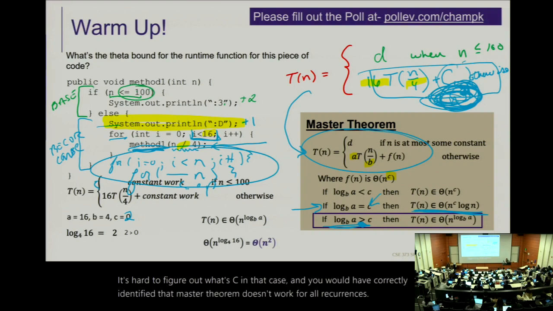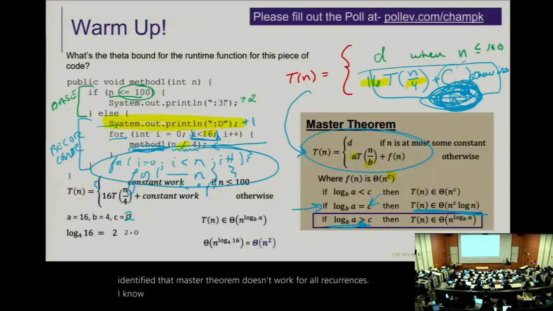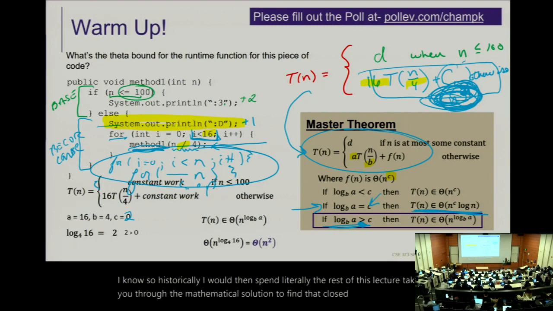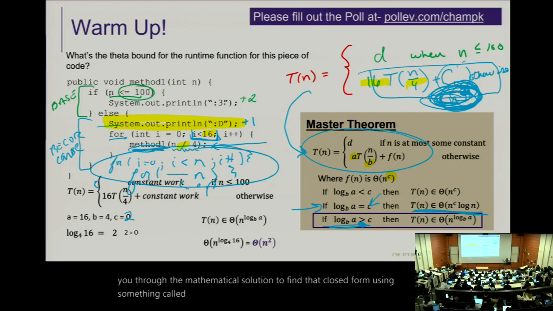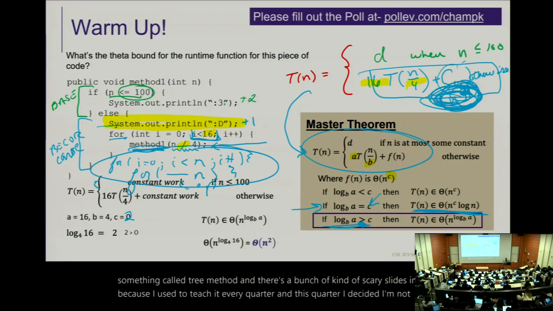I know. So historically, I would then spend literally the rest of this lecture taking you through the mathematical solution to find that closed form using something called the tree method. And there's a bunch of kind of scary slides in here because I used to teach it every quarter. This quarter, I decided I'm not going to subject y'all to that math.